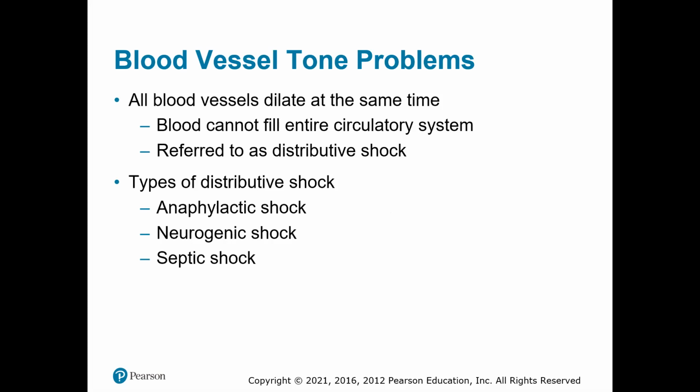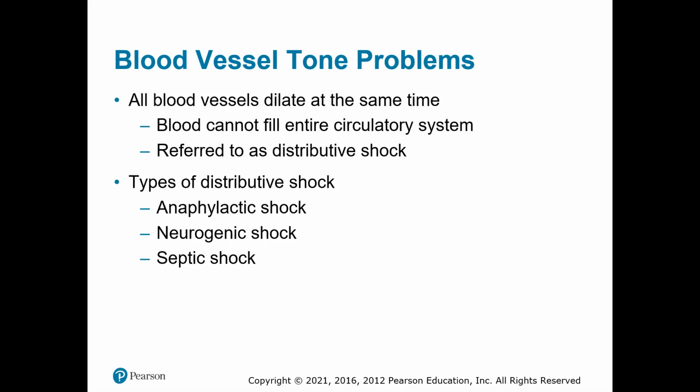So all your blood vessels dilate at the same time, and they cannot fill the entire circulatory system, okay? So referred to as distributive shock. So your tone, your vessels try to constrict and dilate to maintain balance, maintain cardiac output.